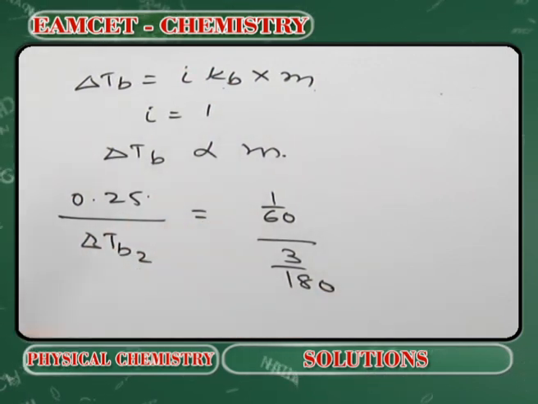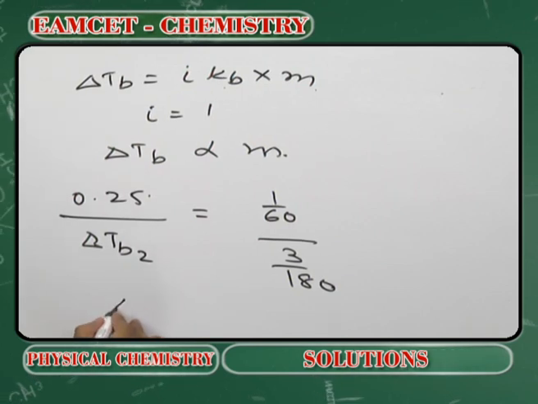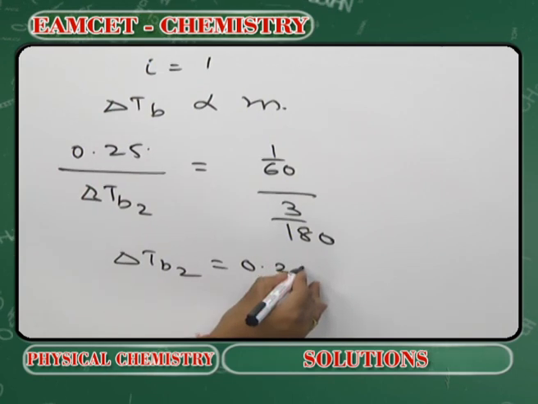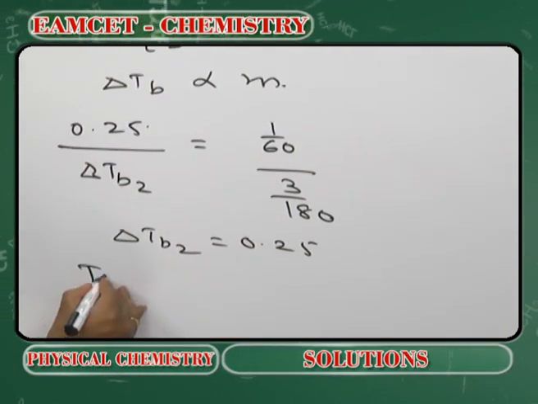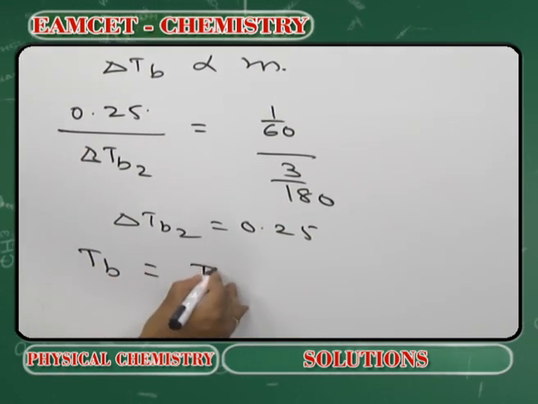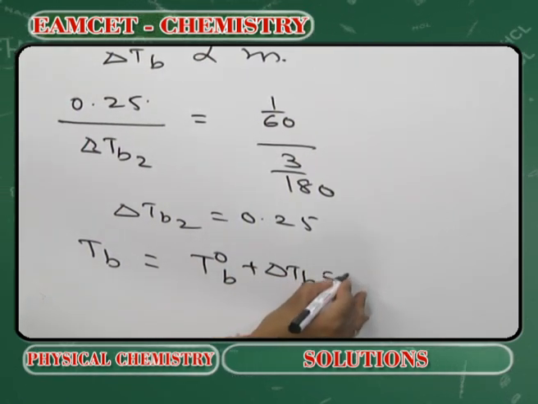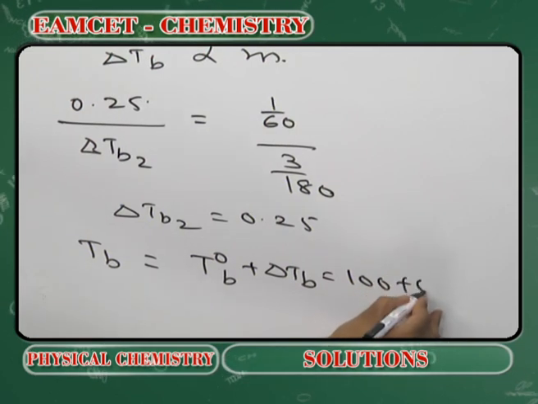Since the number of moles are the same, delta TB2 is also equal to 0.25. So what will be the boiling point? T naught B plus delta TB, 100 plus 0.25.